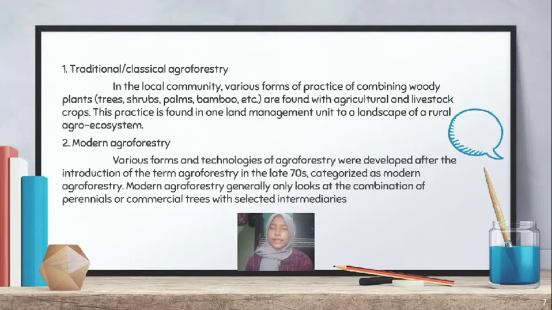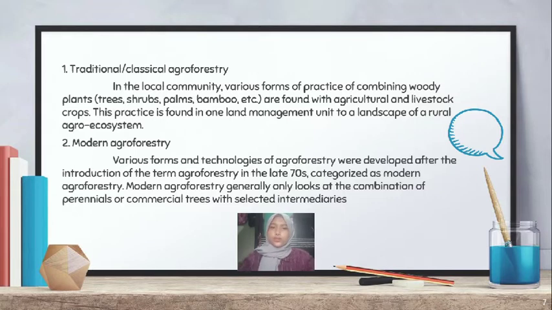And the second is modern agroforestry. Various forms and technologies of agroforestry developed after the introduction of the term agroforestry in the late 70s and are categorized as modern agroforestry. Modern agroforestry generally only looks at the combination of perennial or commercial trees with selected intermediaries.